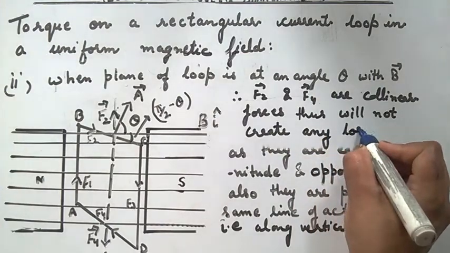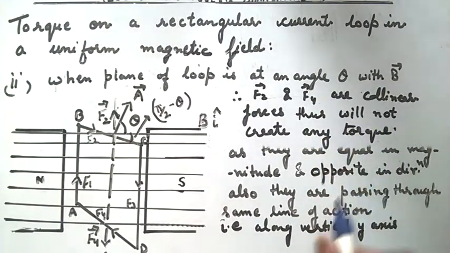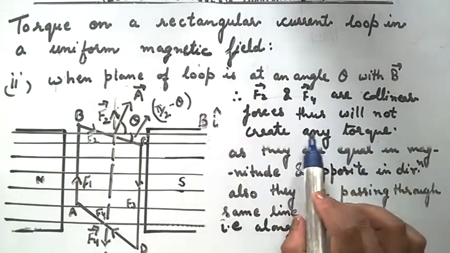Thus the net force is 0 as well as the net torque is 0 due to the F2 and F4 forces.